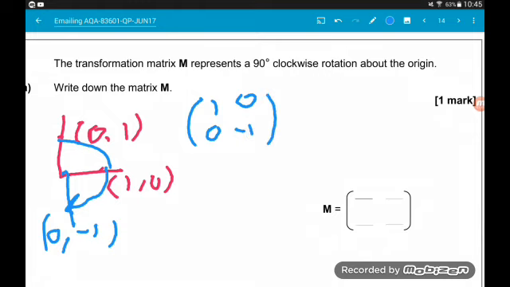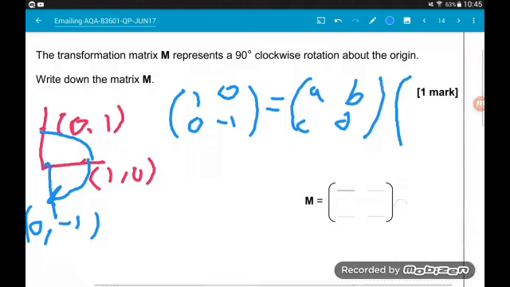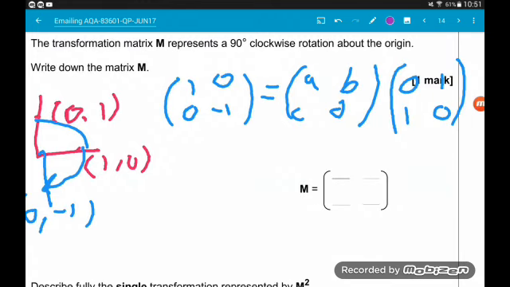Now we know this is a multiplication of our transformation matrix, which for now I'm going to call A, B, C, D, times our original coordinate points, or our object. So our original points were 0, 1, 1, 0, like that. So if we then do a cheeky bit of matrix multiplication.